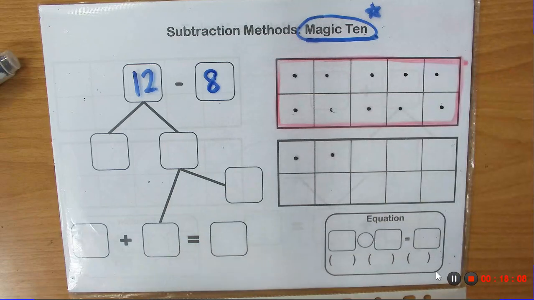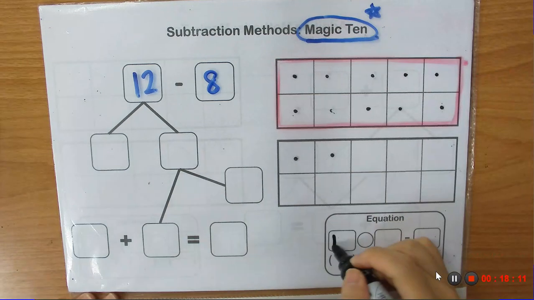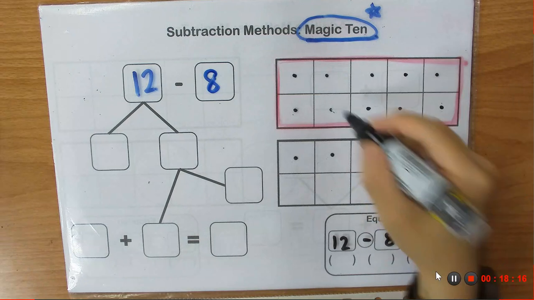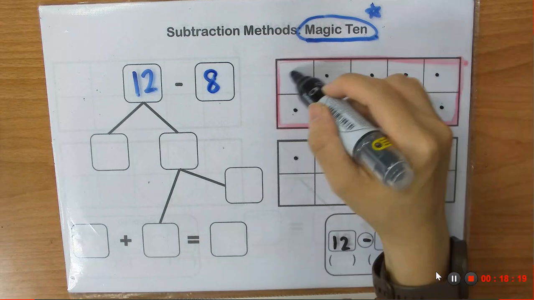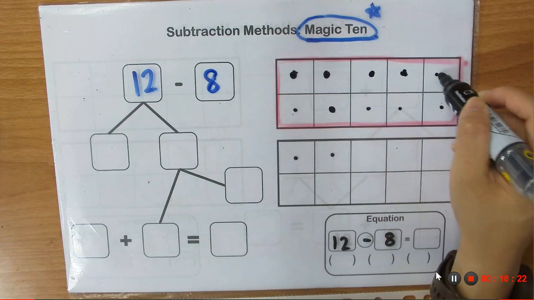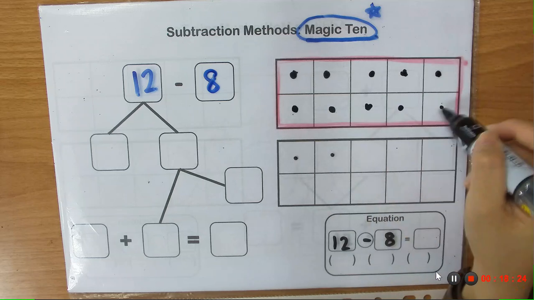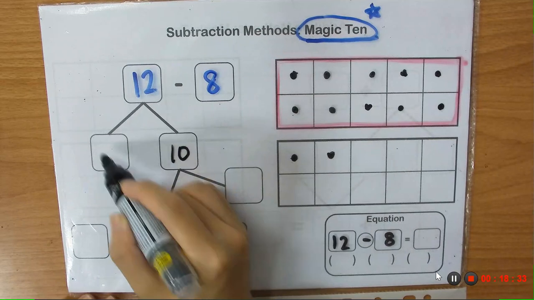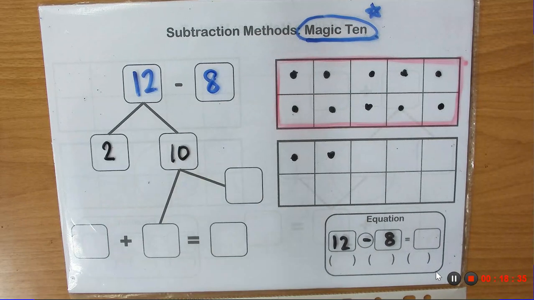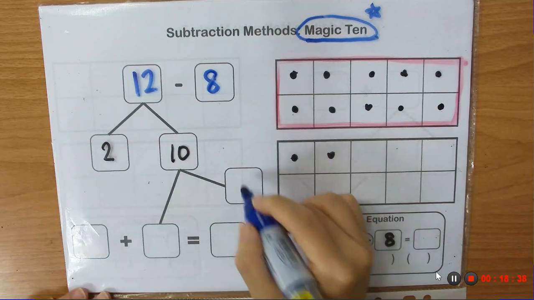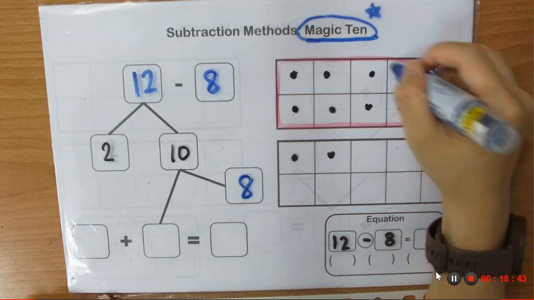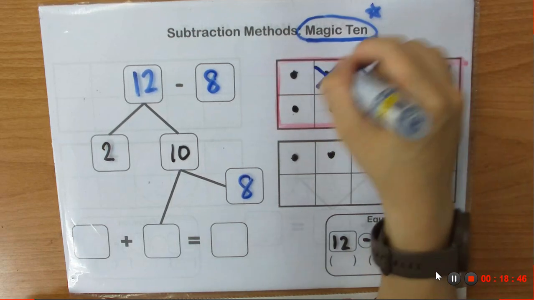When we look at this equation, 12 minus 8, I have 10 and 2. I will choose to ask 10, please help, so that we can take away 8 from you. Okay, minus 8 from the tens first.